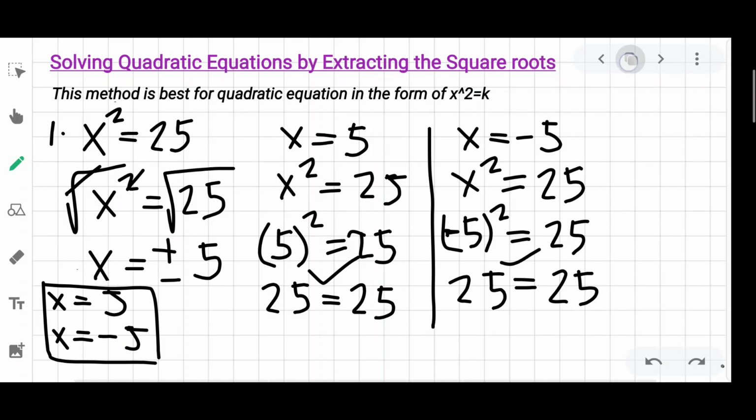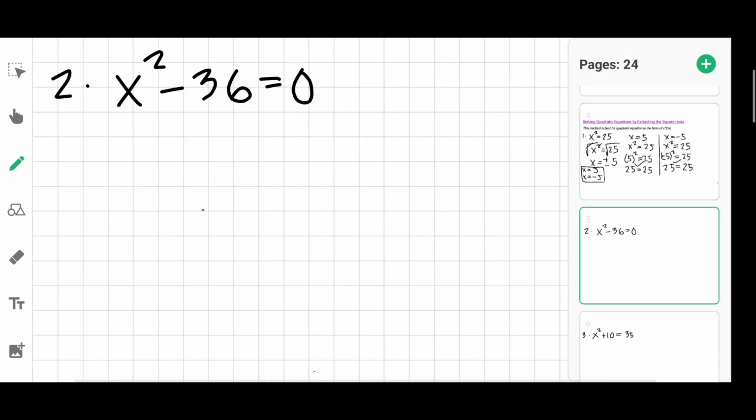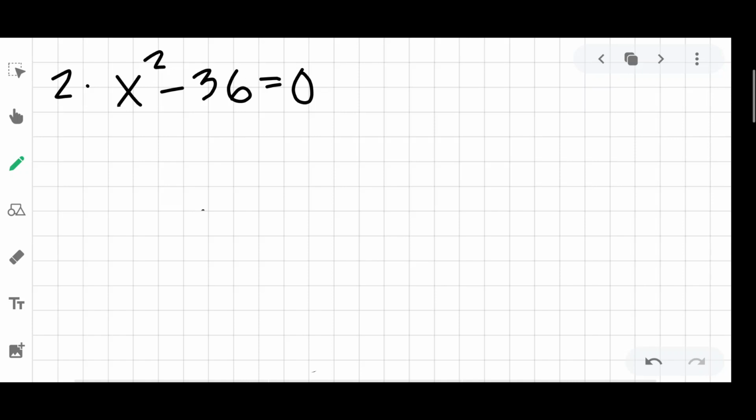So, for our second example, we have x squared minus 36 equals 0. So, dito, kailangan muna nating ilipat si negative 36 sa kabila. Kasi ang goal natin dito, dapat si x squared ay nag-iisa lang siya sa left side. Okay, so, bring down x squared equals, pag nilipat mo si negative 36 sa kabila, siya ay magiging positive 36.